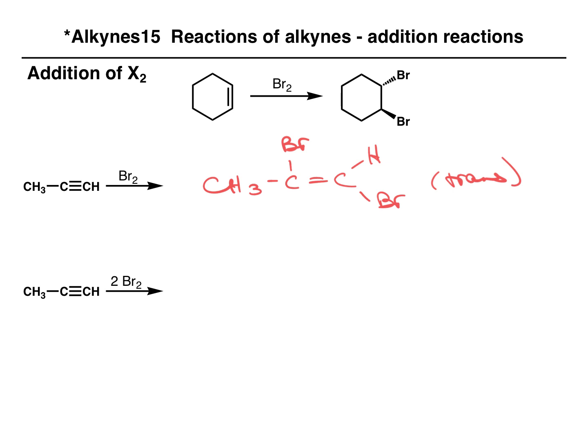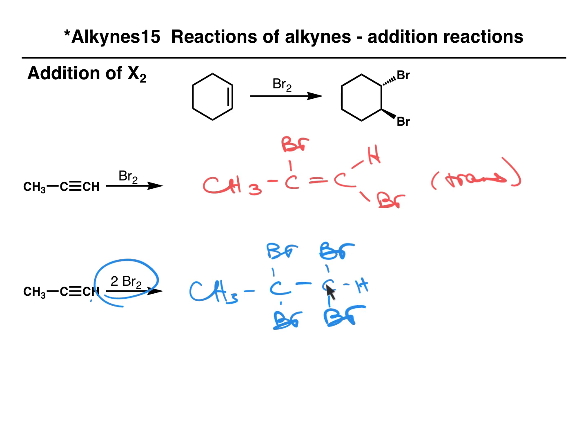Remember, Markovnikov addition is irrelevant because we're adding bromine and bromine. Rather than using one equivalent, if we use two equivalents, then we can add bromine across the triple bond twice. So in this case, we are going to get a dibromide on this carbon and a dibromide on this carbon, giving us 1,1,2,2-tetrabromopropane.